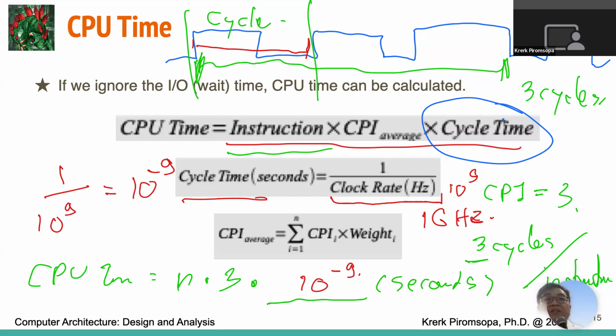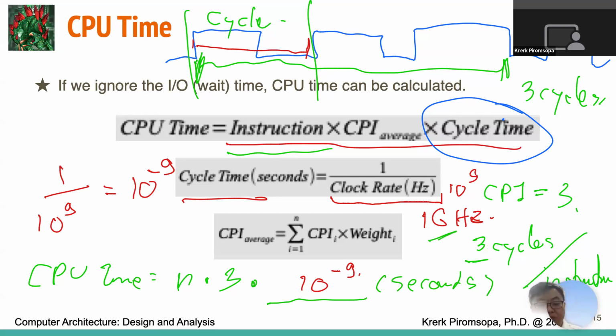What is a nanosecond? You know micro, nano, pico, you know those prefixes, right? Same things. So this is how we come up with CPU time, meaning we can just do calculation.